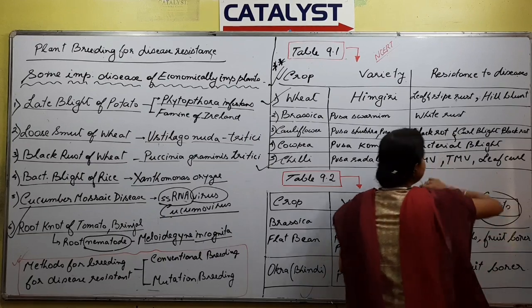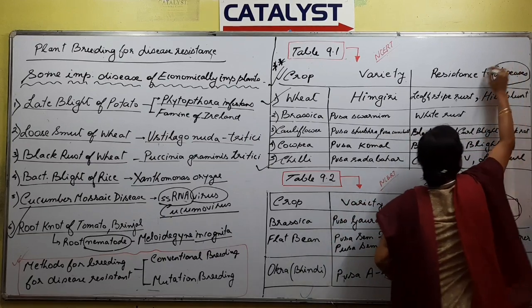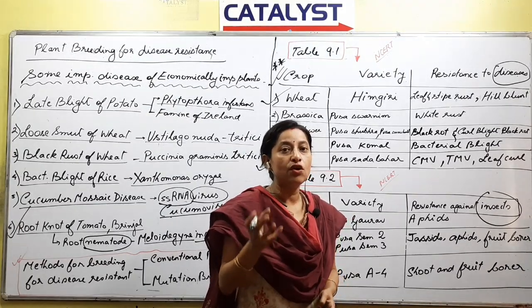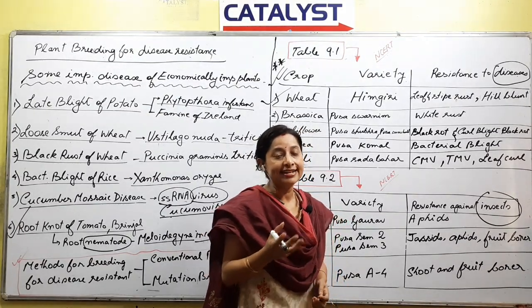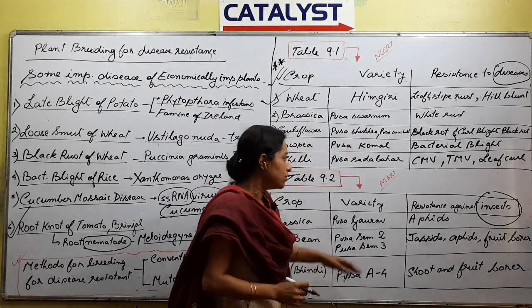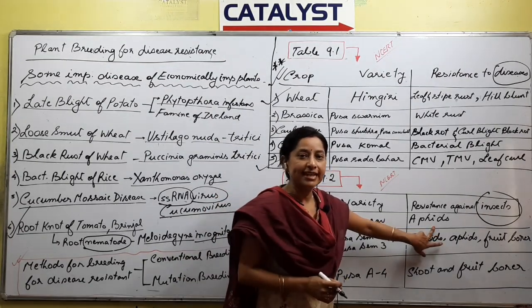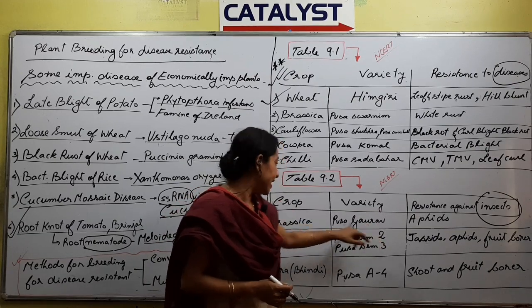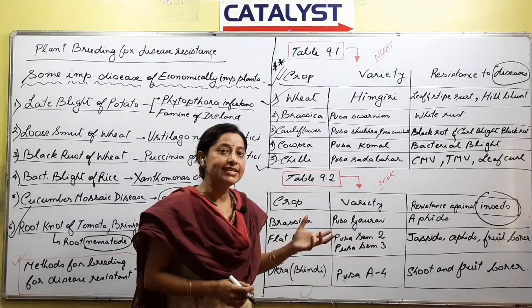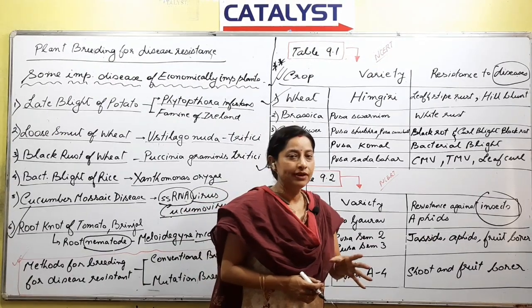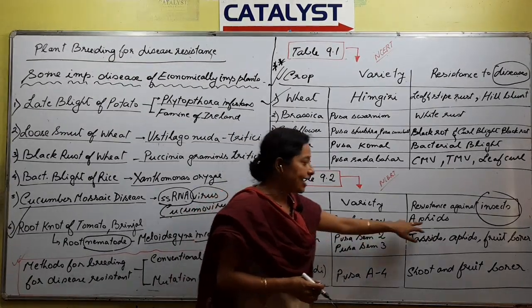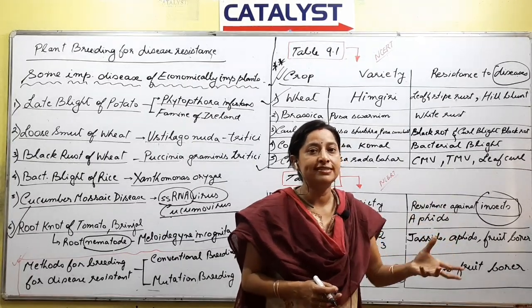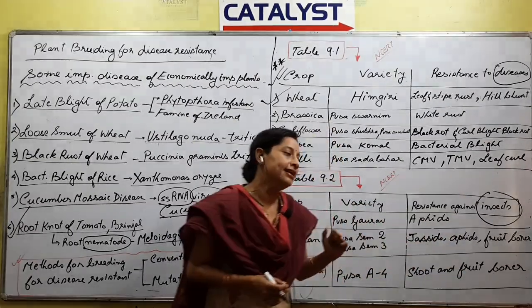Table 9.2, what is given? Resistance against insects. Resistance against disease means what? There are certain insects which cannot invade or attack certain types of plants. So if you are talking about an insect called aphid, it cannot attack Pusa Gaurav variety of Brassica, but another variety of Brassica it can attack, right?